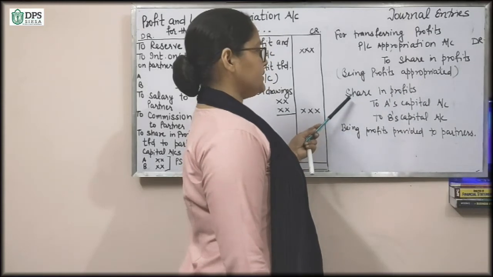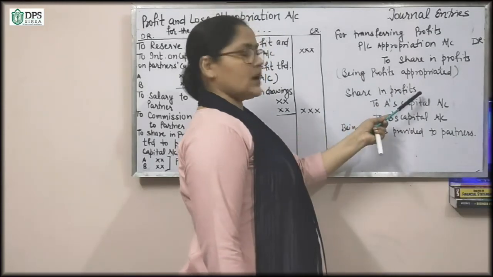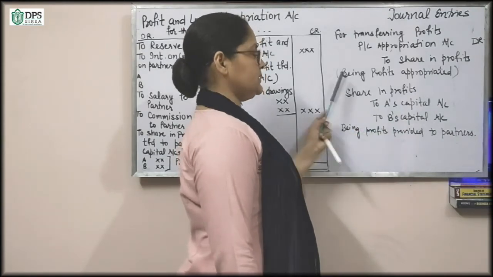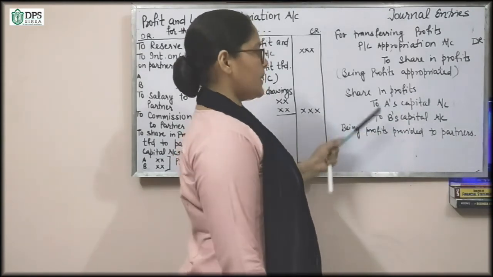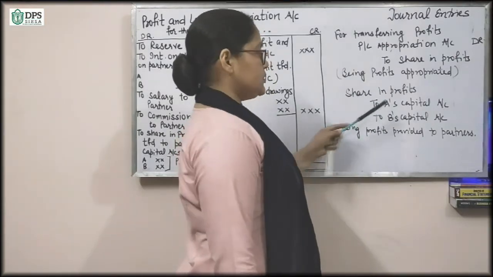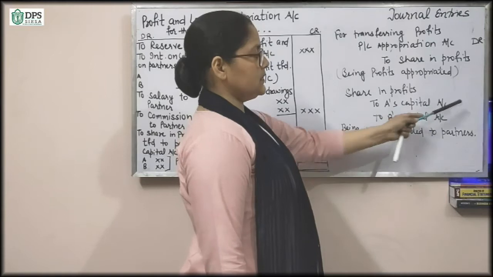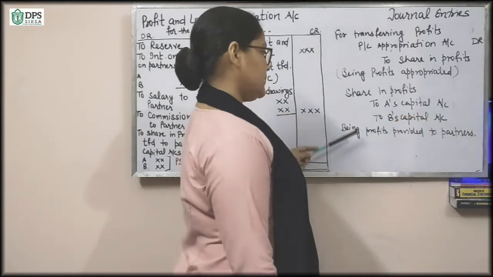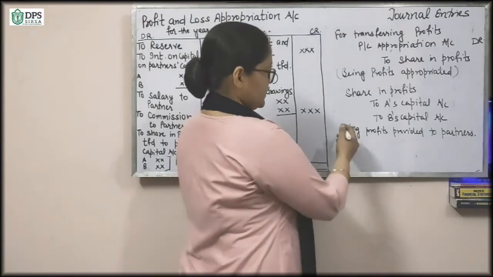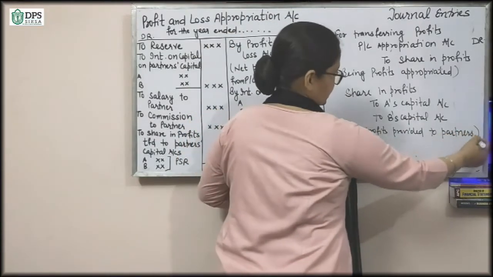The next entry is share in profits account to A's capital account and B's capital account. That means we are giving it to the partners and crediting it to the partners. So the capital account is credited here, being profits provided to partners. This will be the narration of this entry.